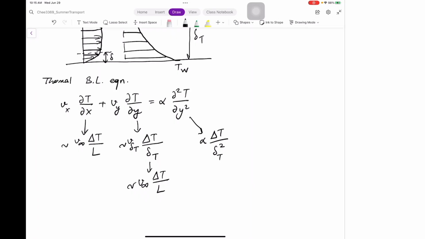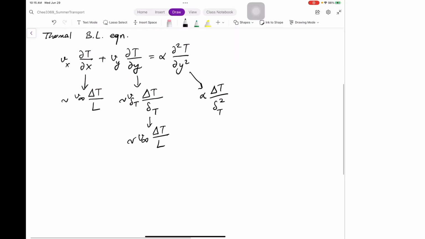Right, any questions so far? I mean, this one we get from continuity equation, right? Because it gives us a rough relation about the Vy and Vx, so you replace the Vy with Vx roughly. That's the thermal boundary layer equation.